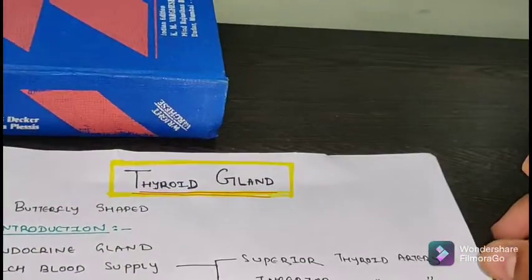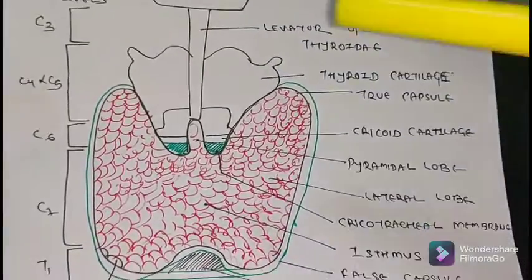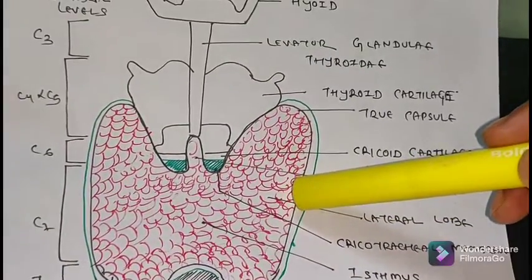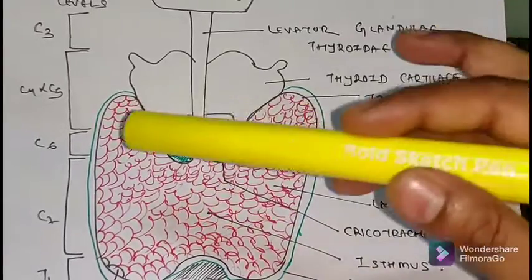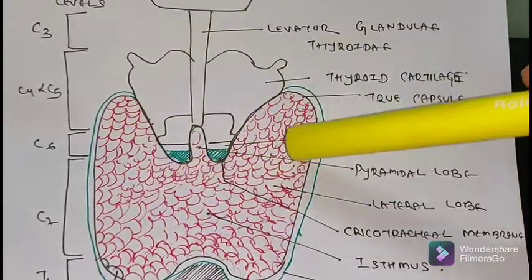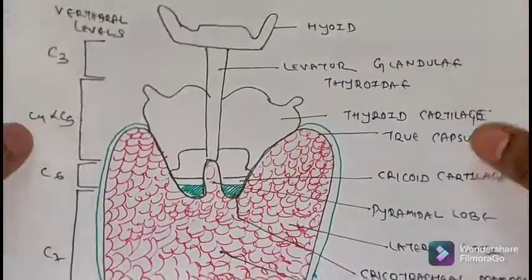So here we can see a diagram I have made. This is the thyroid gland. This is the isthmus region. And here we can see the right lobe and the left lobe, which are connected by the isthmus.